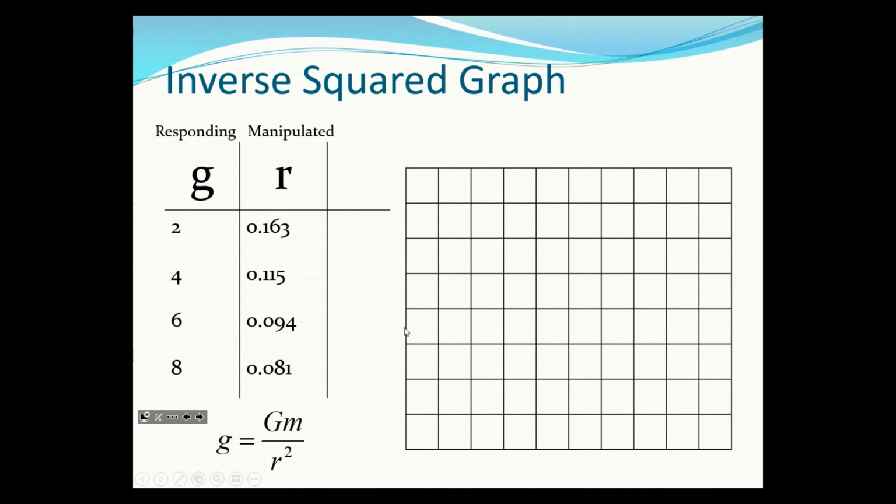Print off the notes so you have the graph paper and you can test this out. And I want you to see if you can graph it out, get a curved graph, and then straighten out your information based on this formula, and then see if you can tell me what slope is equal to. So pause the video, try that on your own, and then I'll go through it so you can tell me if you can figure out what slope is equal to.